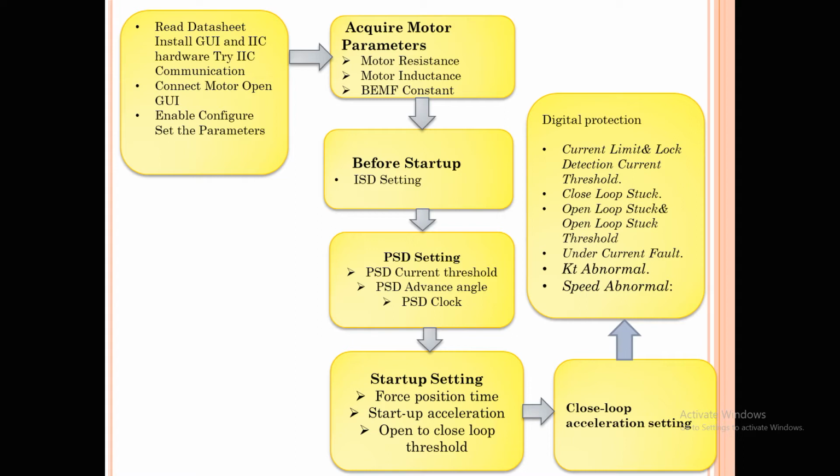First, we have discussed what the need is for selecting different values for motor tuning and why we need to tune different motors. Then we discussed how to acquire different motor parameters, which helps to tune our motor.